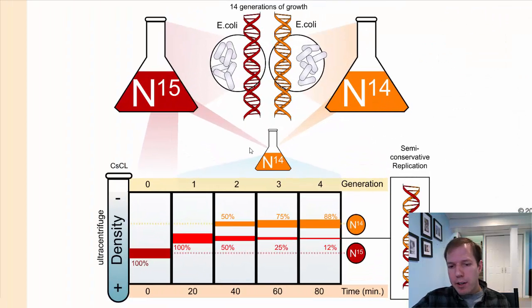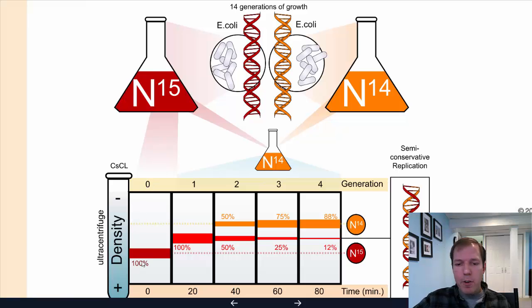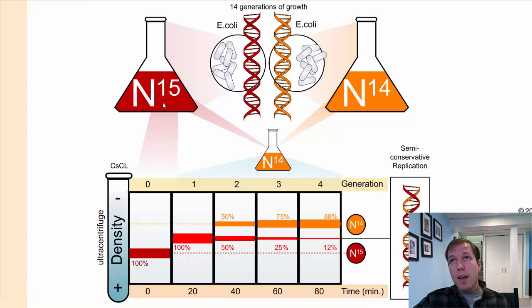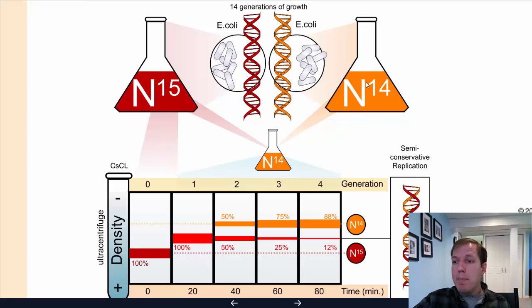So if we look at the results of their experiment, in the first generation, we had 100% more dense, as they had a lot of heavy nitrogen in them. But as those bacteria with the heavy nitrogen replicated, new copies of DNA would have to be made, and because they were in a medium with the lighter isotope, they would incorporate that lighter nitrogen into their new copies of DNA.